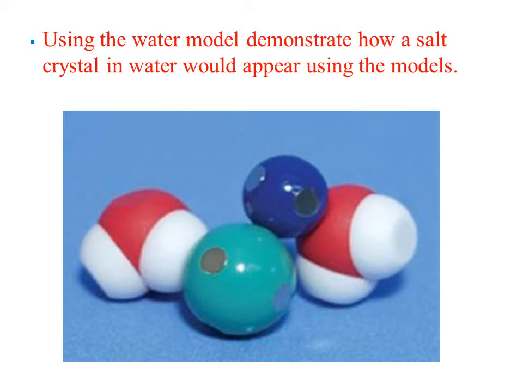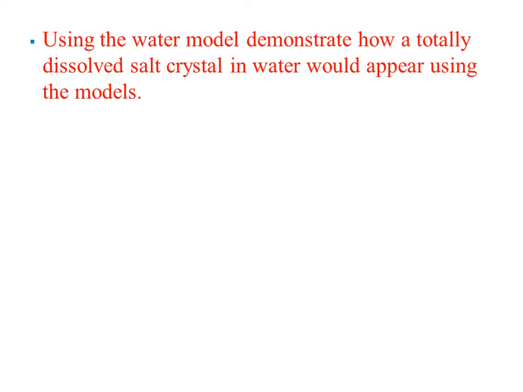Salt is sodium chloride linked together by an ionic bond or ionic interaction. Using the water model, demonstrate how a totally dissolved salt crystal in water would appear. So now, totally dissolved means you separate the sodium and you separate the chlorine.